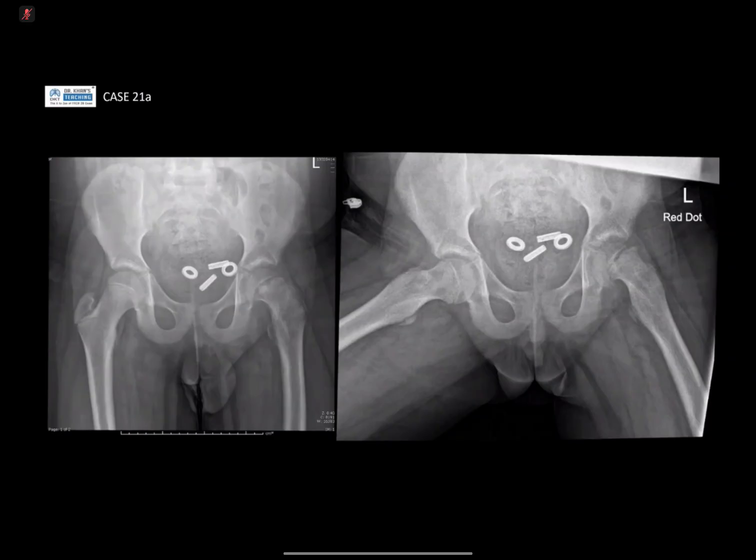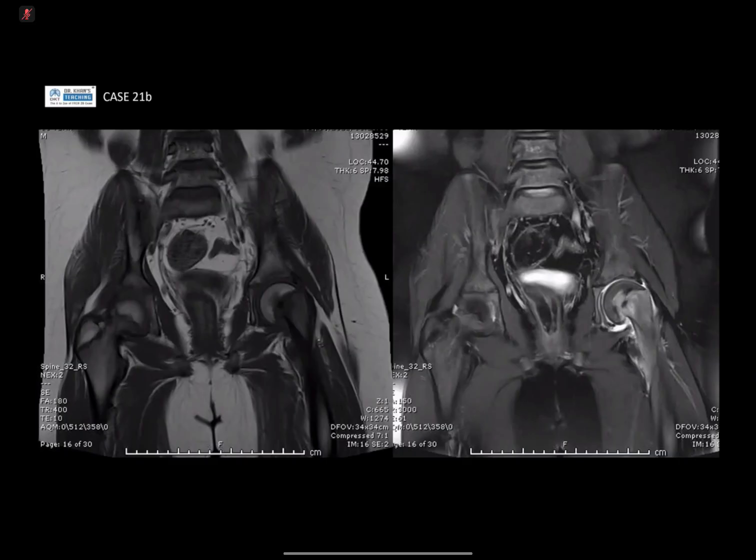If I draw the Klein's line, it's not crossing the femoral head, and it's more prominent on the front view. So our findings are suggestive of slipped capital femoral epiphysis at the left femoral head, where there is widening in the growth plate, and the left femoral head epiphysis is moving posterior medially, and it's not intersecting the Klein's line.